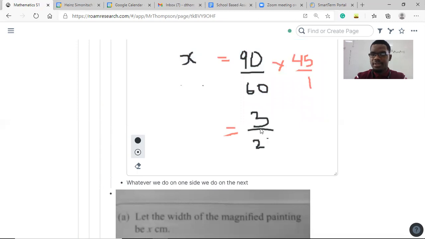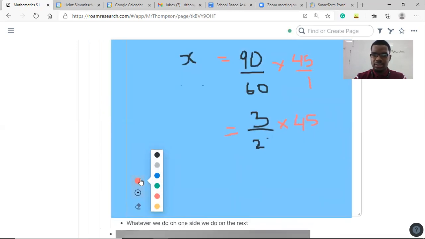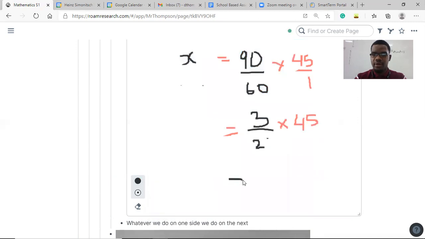So now we multiply this 3 divided by 2 times that 45. Times 45. And now we can work it out easily because all that we need to do is multiply 45 by 3.